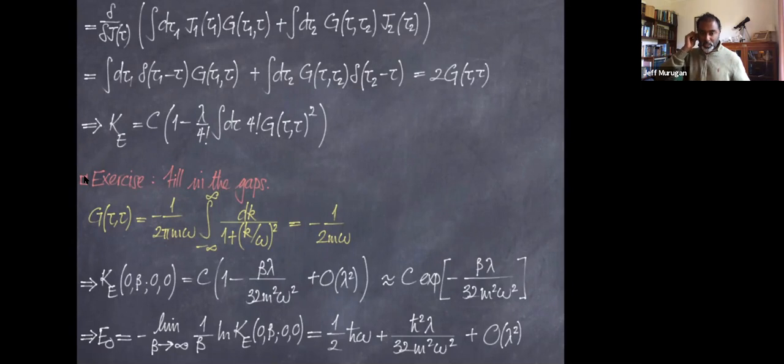Okay. And I invite you to check this expression against the more standard procedure of computing the correction to the harmonic oscillator that you would do by just expanding the exponential straight up.